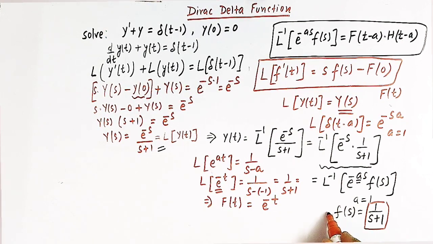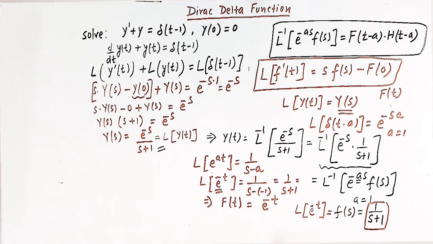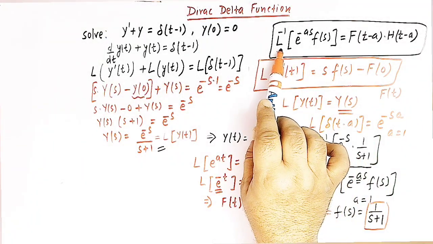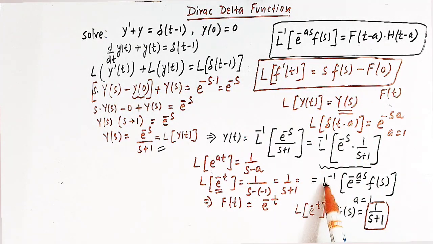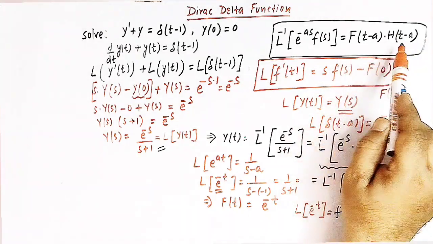So now f of s can be written as L of f of t, and f of t is e raised to minus t. So now this expression, that is the inverse Laplace transform of e raised to minus as f of s, is equal to the product of these two functions.